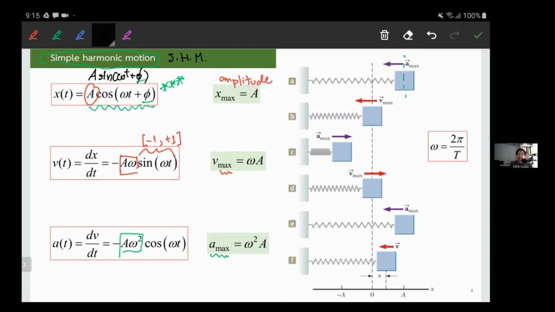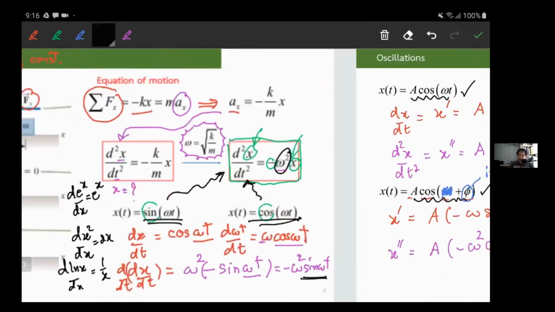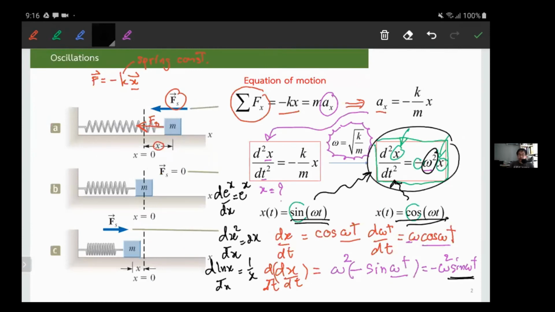So every time you get a solution that can represent the periodic motion by sine or cosine, that motion can be represented as simple harmonic motion. But now, because we know this solution must come from the second order differential equation of this form right here. Okay, keep this in mind.